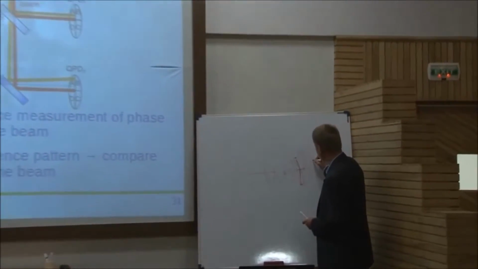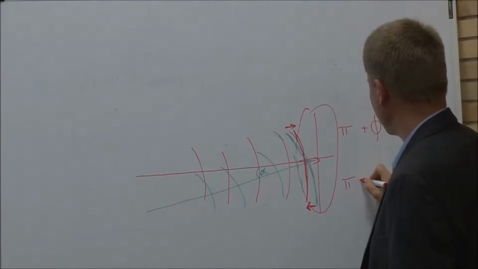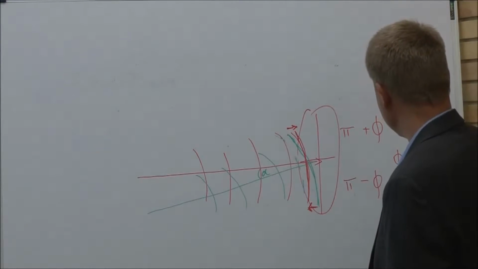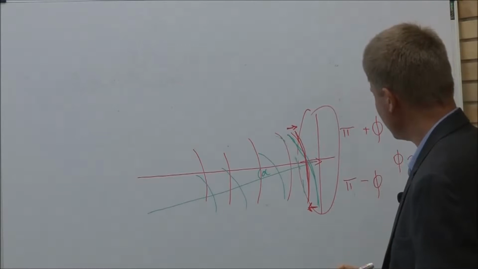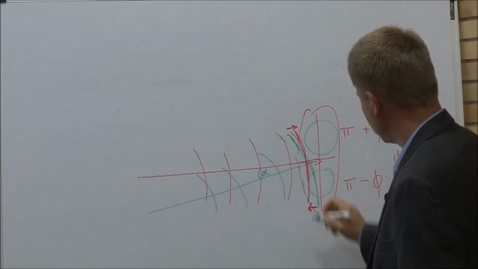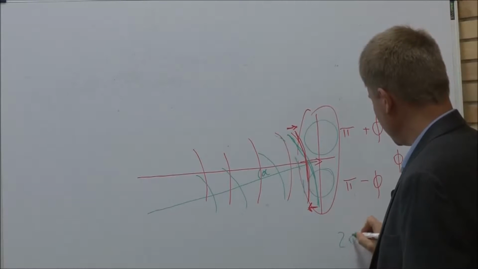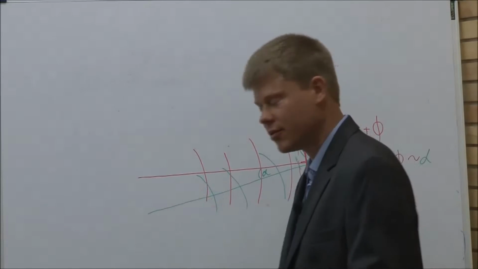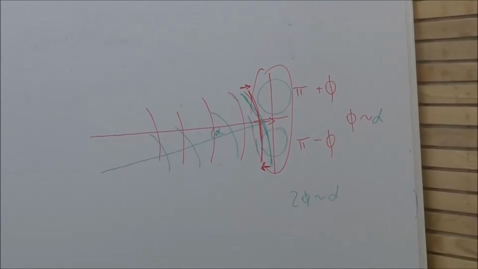So you end up with something like pi plus some phase shift phi, and pi minus a phase shift phi, and phi is somehow proportional to that angle alpha that you have. All you have to do now is subtract this region from that region, so you end up with a signal where 2 phi is proportional to alpha, and that gives you some information on the tilt of the laser beam. So that's how this differential wavefront sensing works.